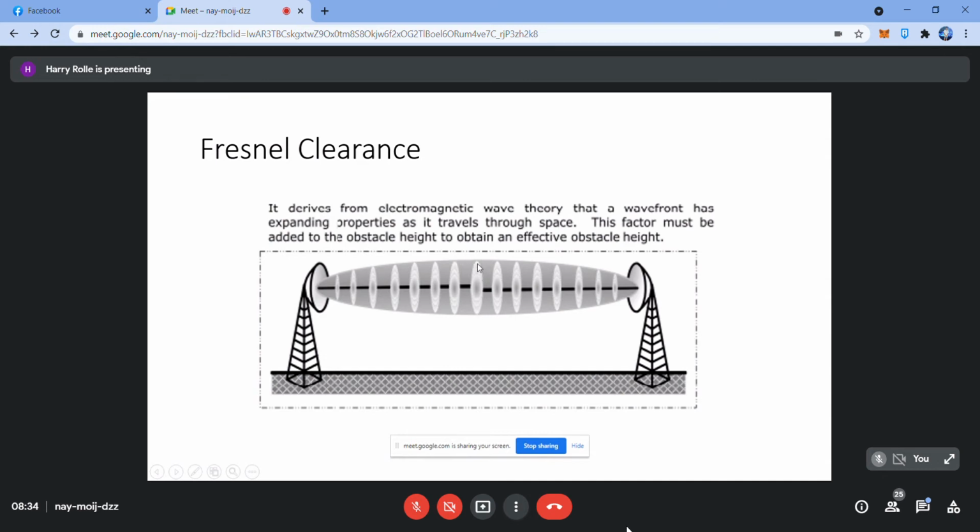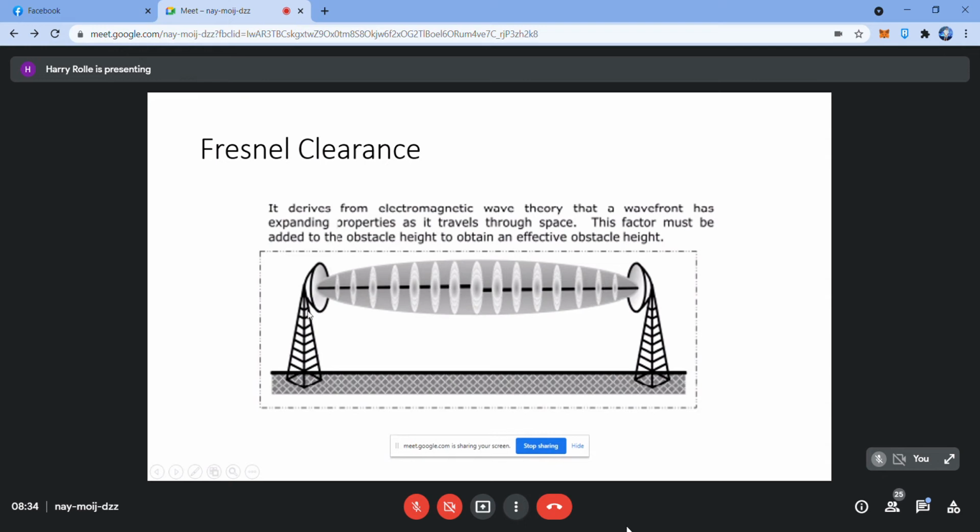And then from the midpoint, lumiliit uli siya papunta dun sa kabilang dulo. So ibig sabihin, hindi lang itong gitna ang kailangan nating i-clear. Kailangan nating i-clear yung area na to, yung Fresnel clearance natin.